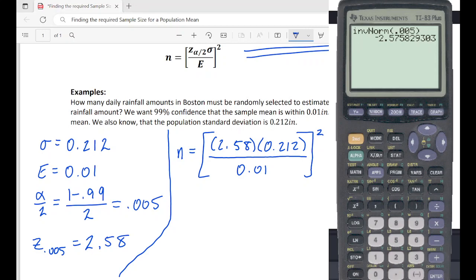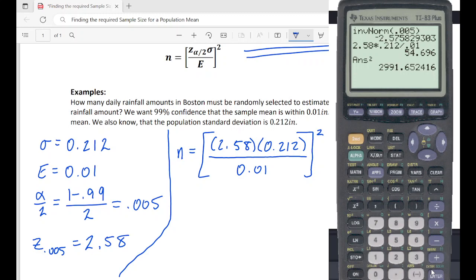Now we're going to plug it into our calculator to make it easy. So 2.58 times 0.212 divided by 0.01. And I like to just put everything in first, what's inside the brackets or parentheses, and then I square it, just to make sure I don't make an error along the way.